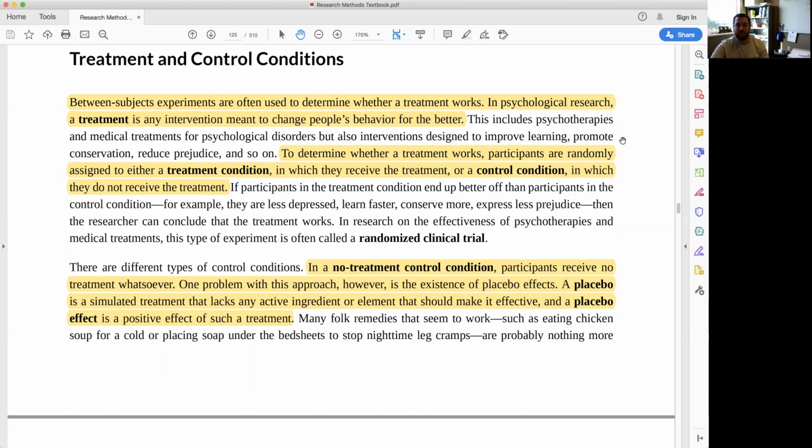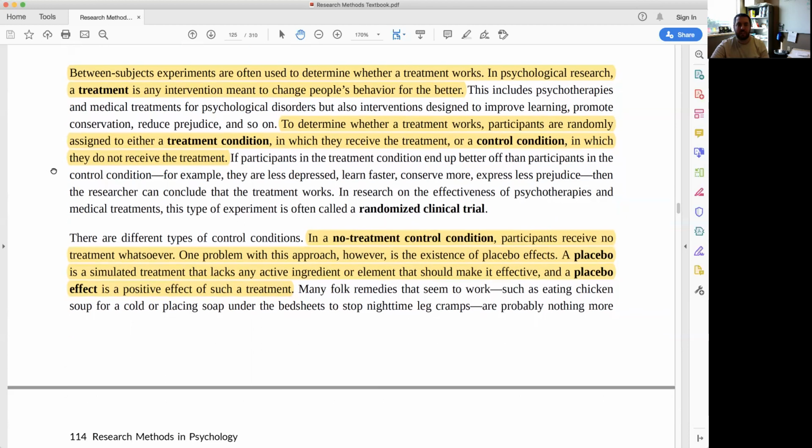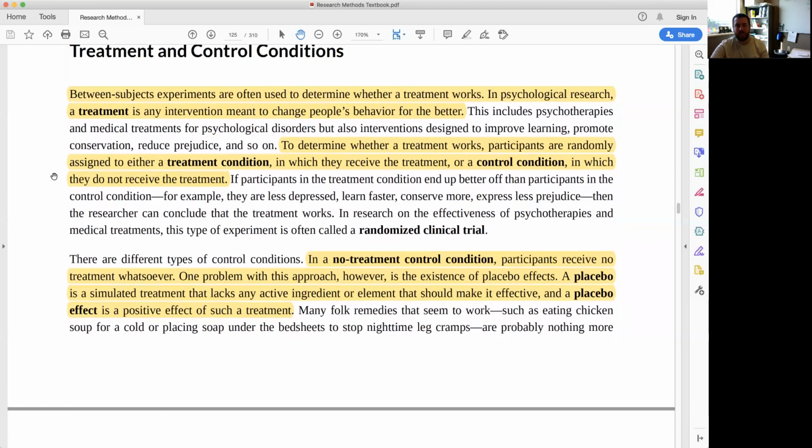So improve learning or promote conservation, reduce prejudices. Those are all called interventions. That could also be the treatment. So the way we define it is any intervention meant to change people's behavior for the better. So when you read treatment, whether that's in class or throughout the textbook, that is what is meant there.